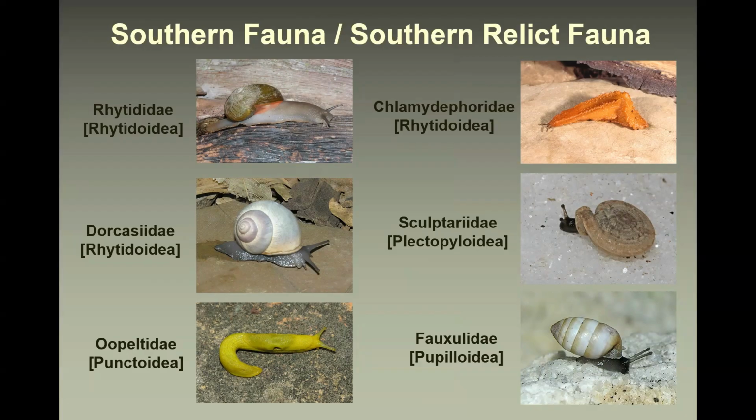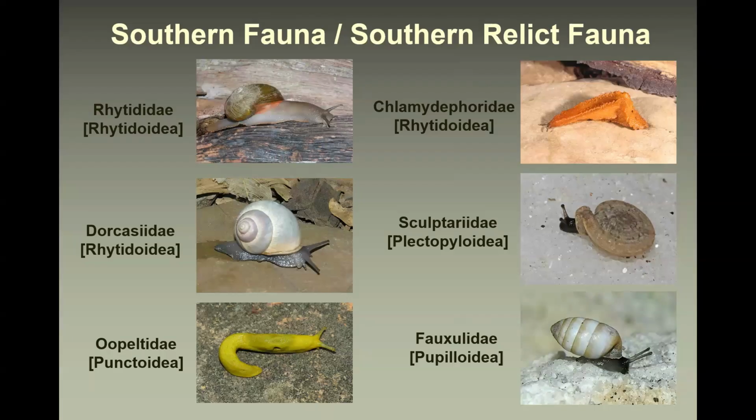These are confined to the drier desert type habitats and coastal habitats on the western region of South Africa. And the Sculpteriids, another very, very dry climate group, mostly found in Namibia. Namibia is not a very hospitable place for snails. It's so dry there.